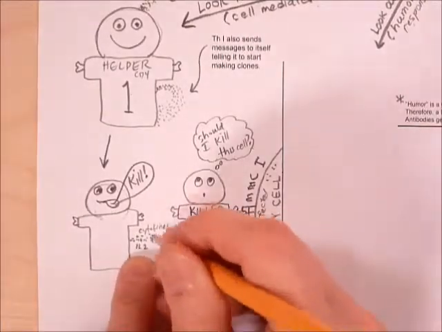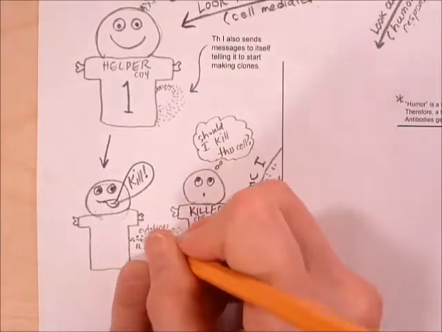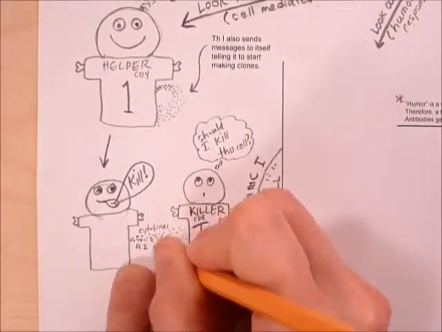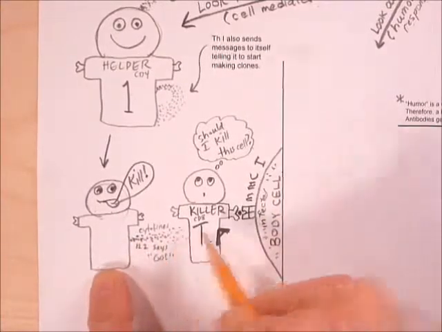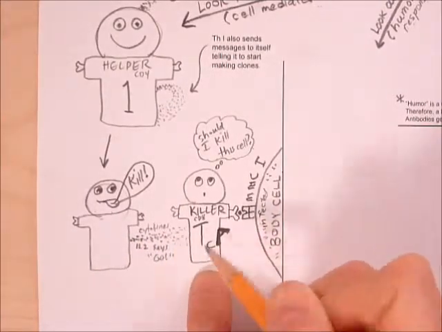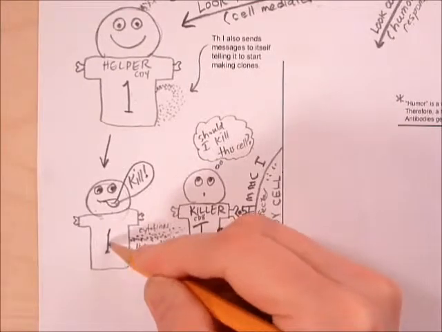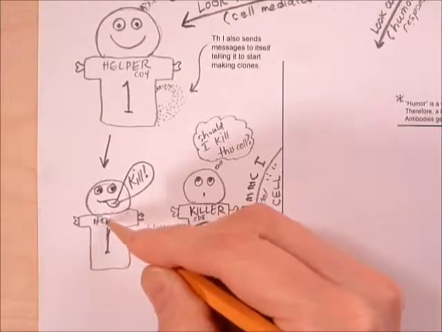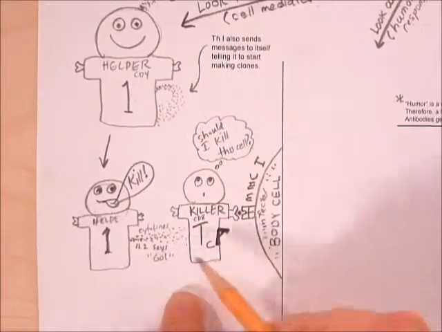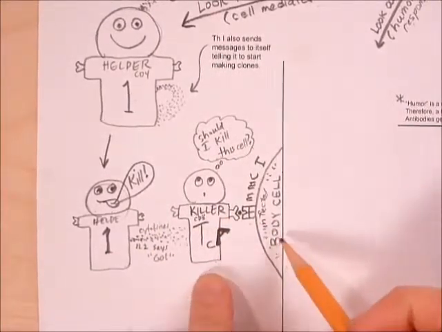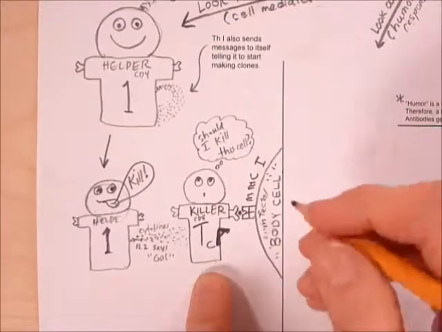He uses interleukin code number 2, which says go. So if he releases that, then bang, this guy, let's make sure he's number 1. So he needs helper number 1 to confirm, yes, go ahead and kill that cell.